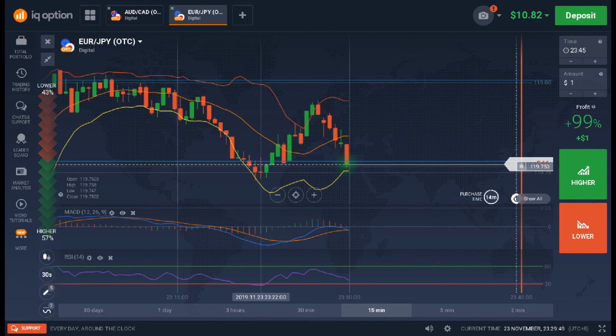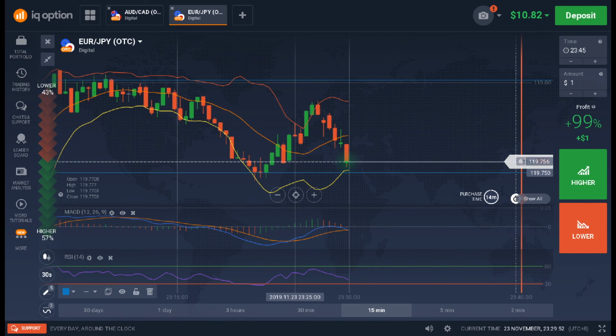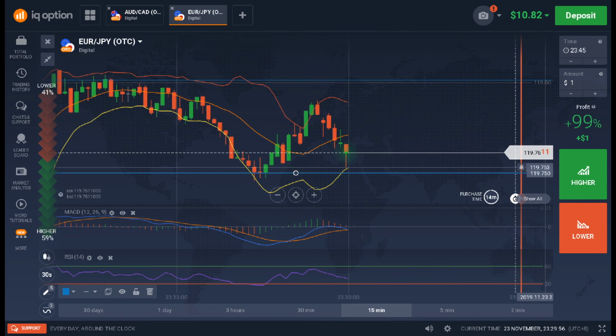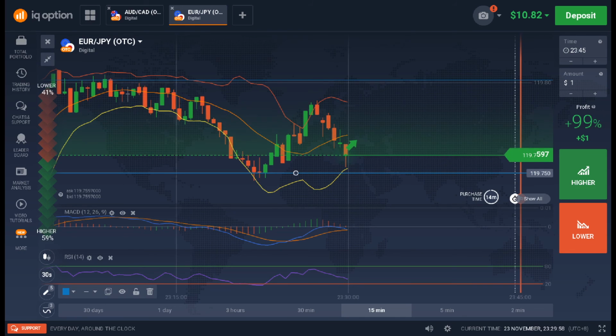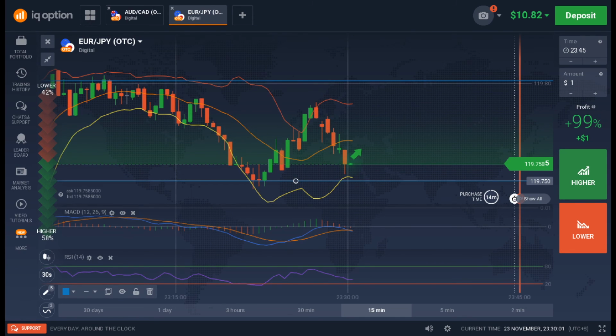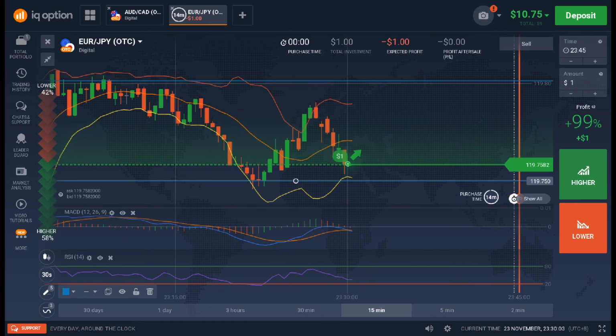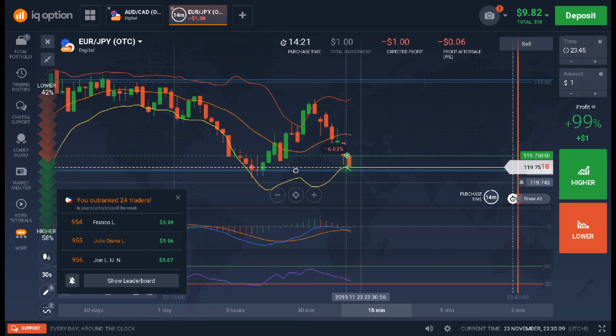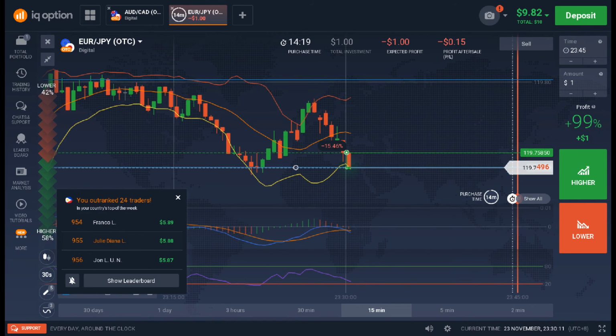Okay, it's triggering that lower band now. Let's see if it will challenge this. Ah, it went down some more.